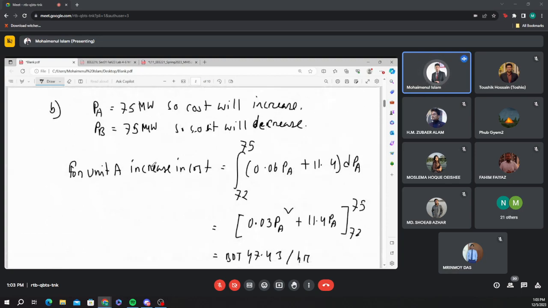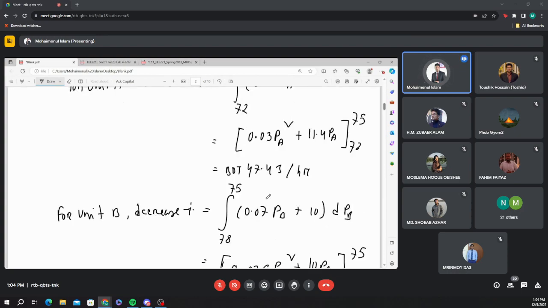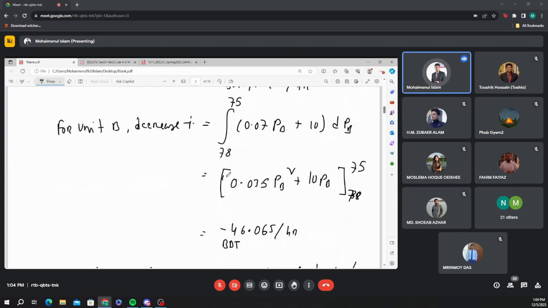But in the second case, we shared the similar load with generator 1 and generator 2, but generator 1 and generator 2 may have different efficiencies. They consume different fuel, so their fuel rate is different. In that scenario, you calculate the cost and you find that if they share the similar 75 megawatt load, their cost may differ. So for the first one, it increases, suppose from 45 to 47 BDT per hour, and for unit B it is decreasing, maybe from 47 to 46 BDT per hour.